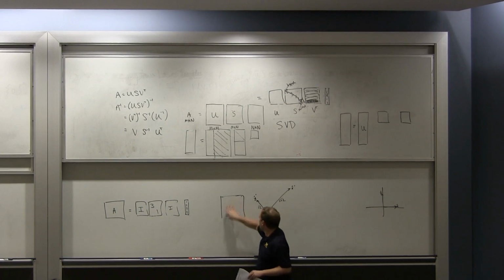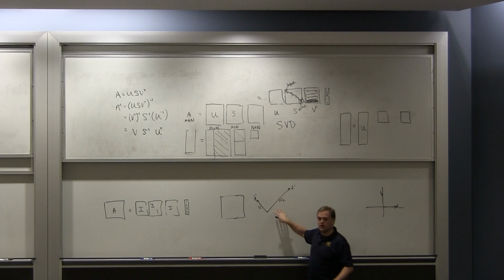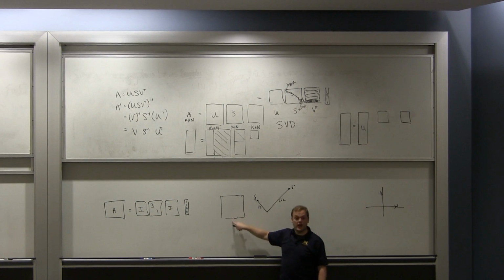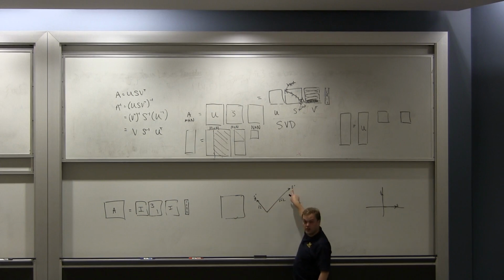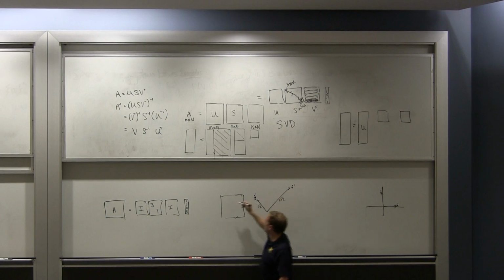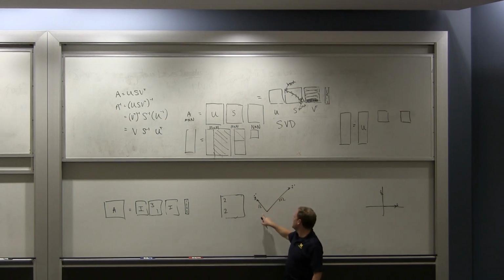What is the A matrix that corresponds to this vector drawing? These are the vectors corresponding to the columns of A. So the A that this corresponds to are the coordinates of the x vector, which are 2, 2, and the y vector, which is minus 1, 1.